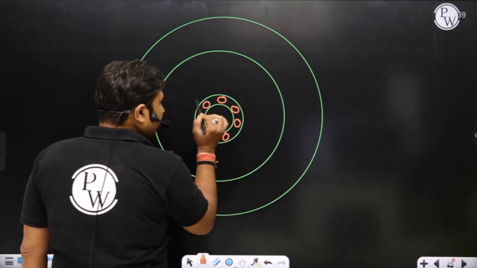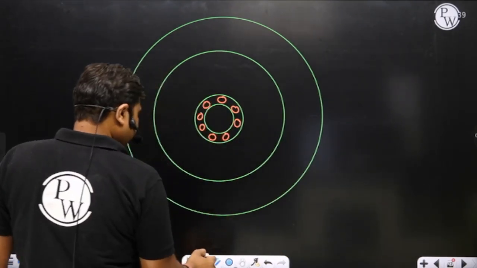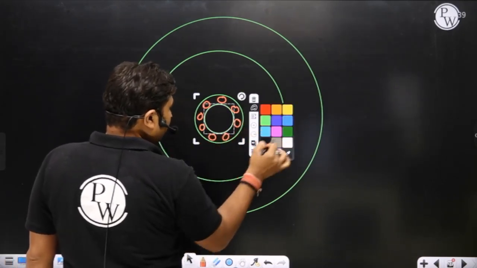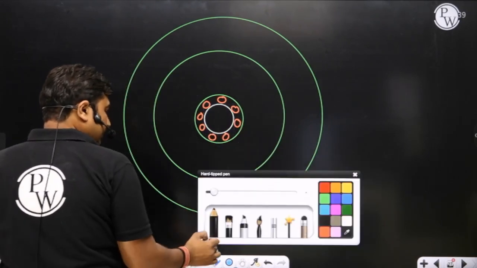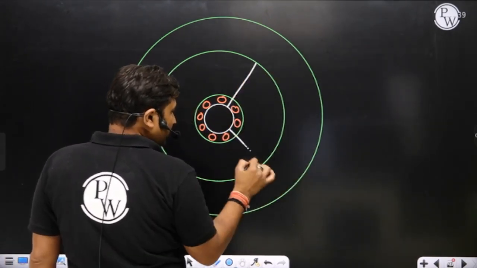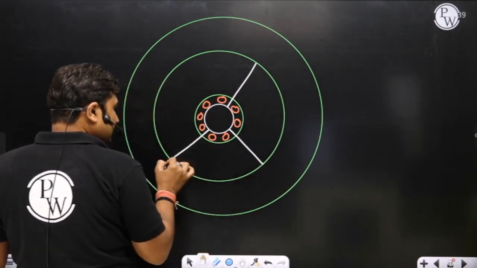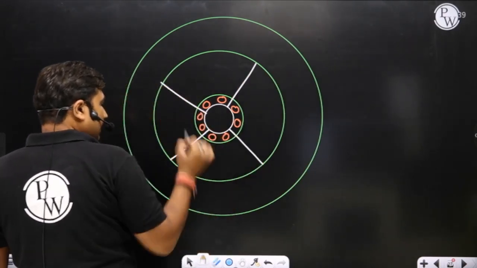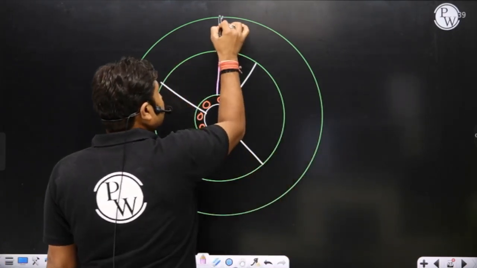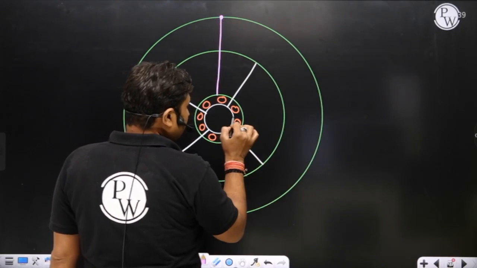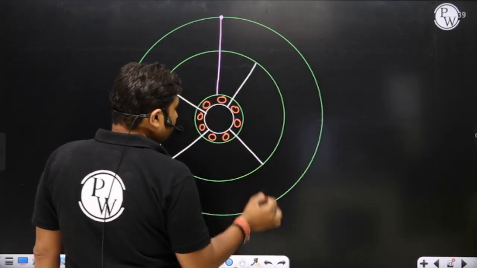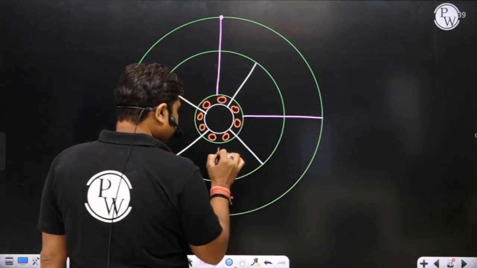These are the ball bearings. Okay? Let me make the inner one with a white color, outer one with a green color. Suppose I have a rim with which I am going to connect this inner surface, and I have a rim with which I am going to connect the outer surface.